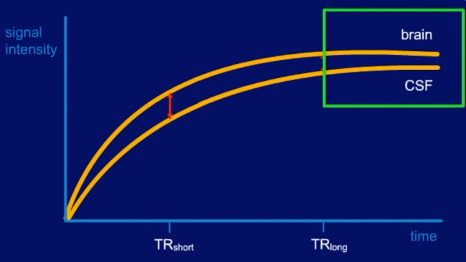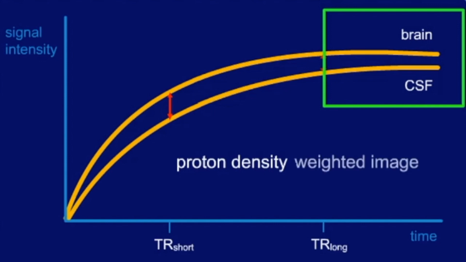However, there may still be a possible difference in the proton density of the tissues in question. And when we wait a very long time, TR long in our experiment, the difference in signal is mainly due to different proton densities. We have a so-called proton density or spin density weighted image.